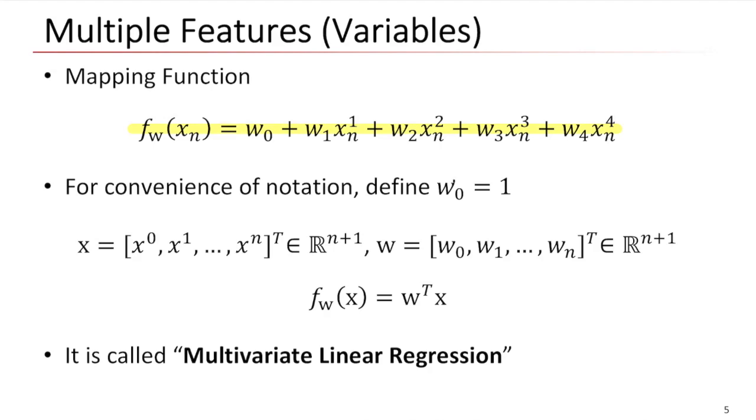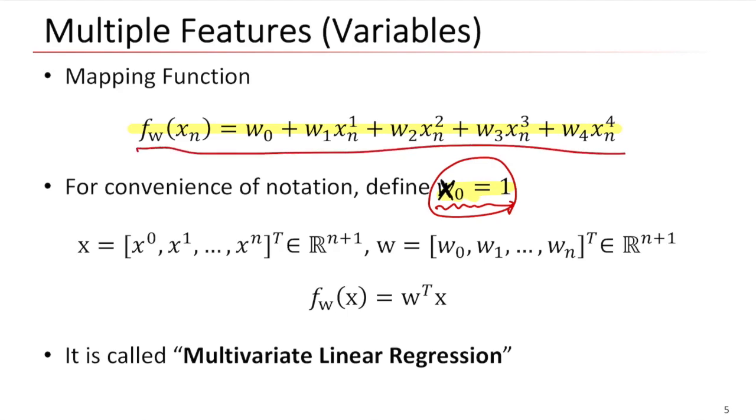Yeah, it should be x0. By the way, that's why you should watch this video, because if you don't watch this video, you cannot find the errors on the slide, right? So you should watch this. It means you are very lucky to find the error. Anyway, this is the mapping function.